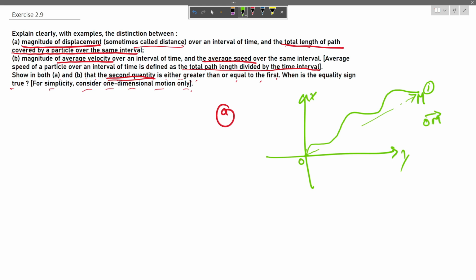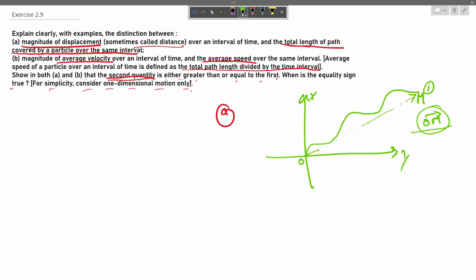And the initial vector is 0, so the displacement would be OM. It can also be said that the shortest distance between the final point and initial point is termed displacement, which gives the magnitude of displacement. And displacement, by the name, also carries the direction, as displacement is a vector quantity.